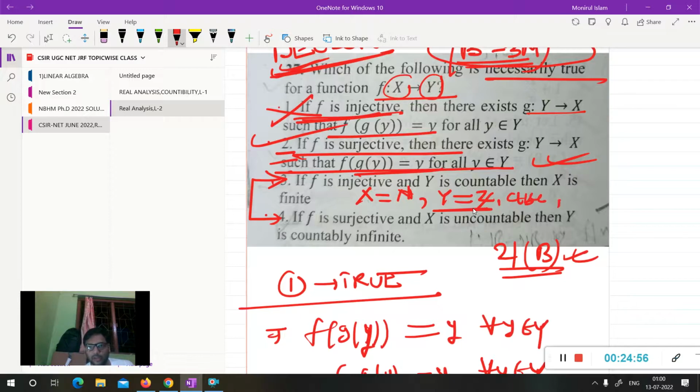And I am taking the mapping f from N to Z by f of n equals n.